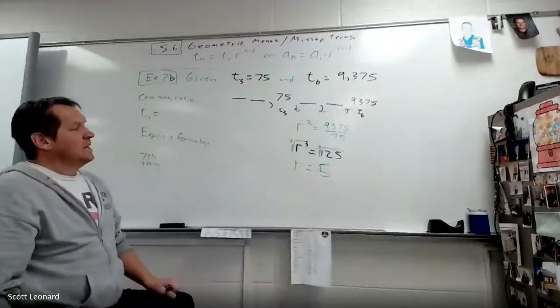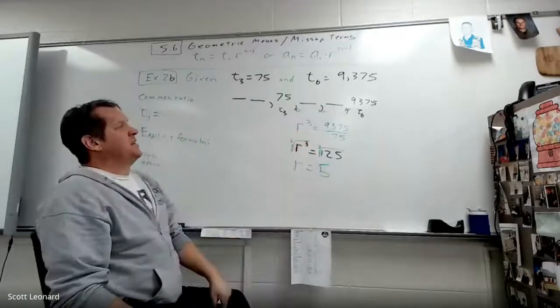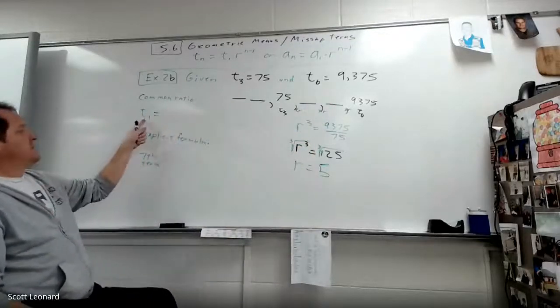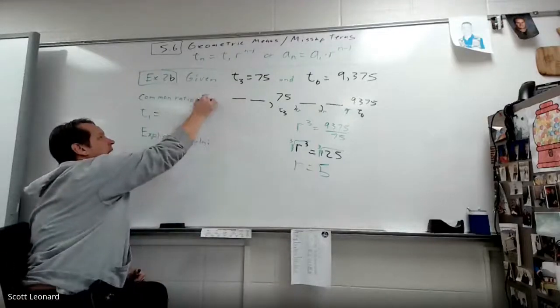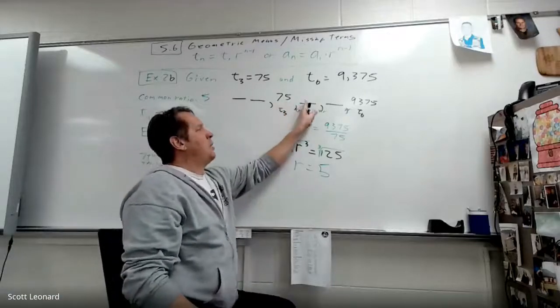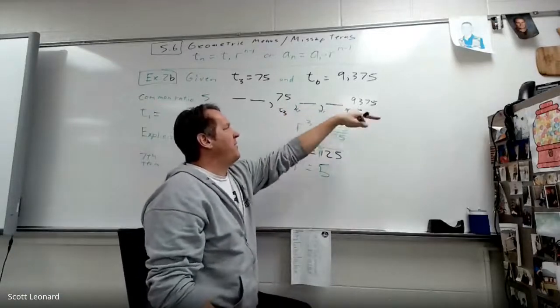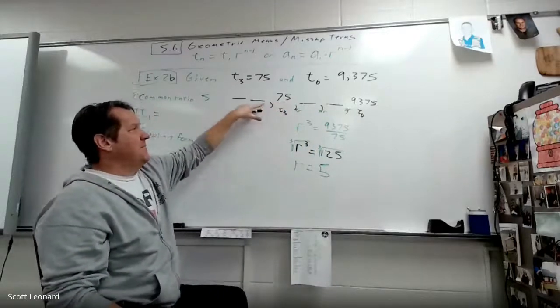Okay. So I could find the missing blanks up here, but they're not asking me to do that. They want me to go back and get the first term and the seventh term. Common ratio, 5. First term, okay? To get the next terms, you multiply by 5, multiply by 5, multiply by 5. To work backwards, we do the inverse operation. We divide by 5.